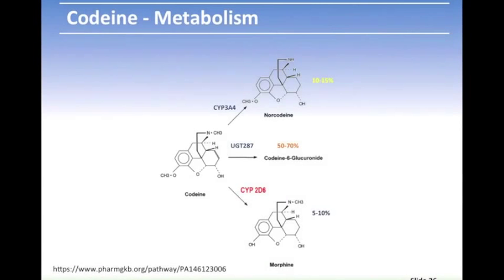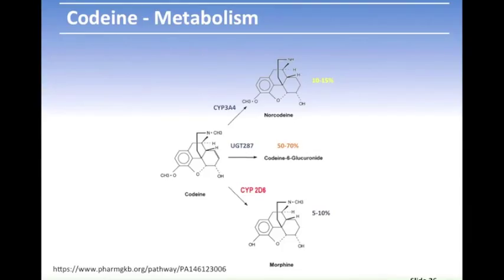The principal pathways for metabolism of codeine occur in the liver, although some metabolism occurs in the intestine and brain. Approximately 50 to 70% of codeine is converted to codeine 6-glucuronide by UGT2B7, as indicated in the slide.